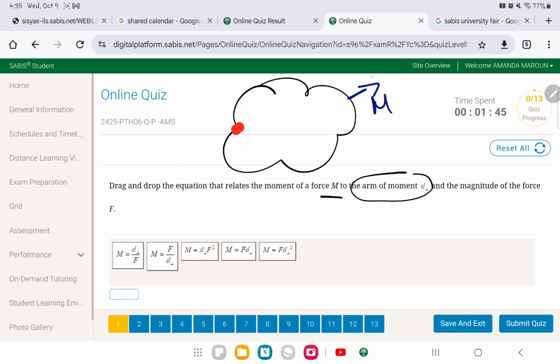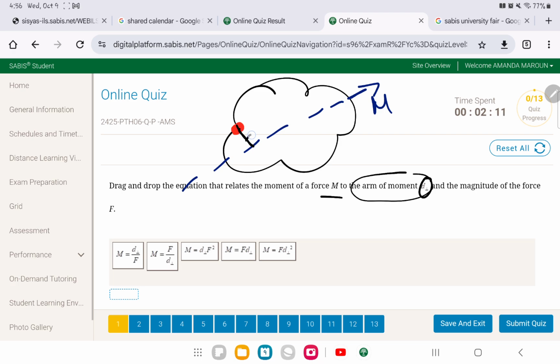So if we prolongate our force M, we're going to see that it does not enter through the axis, which is what we need. As long as it doesn't enter through the axis, then we can continue. And they're telling us the perpendicular distance, from the axis to the force.